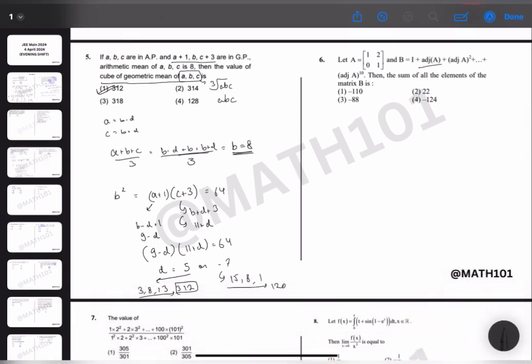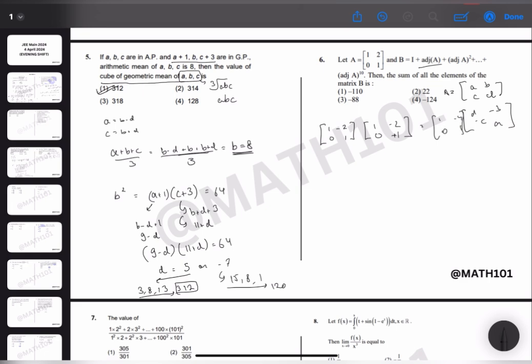For a 2 by 2 matrix A, B, C, D, the adjoint is D, minus B, minus C, A. So in this case, adjoint is 1, 0, 1, minus 2. So A squared would be 1, minus 4, 0, 1.